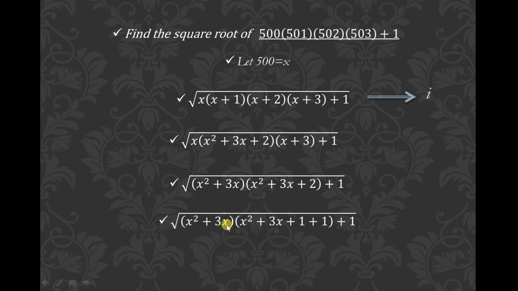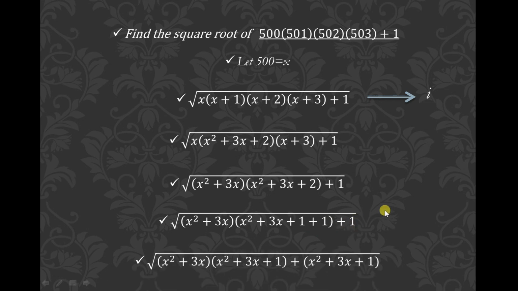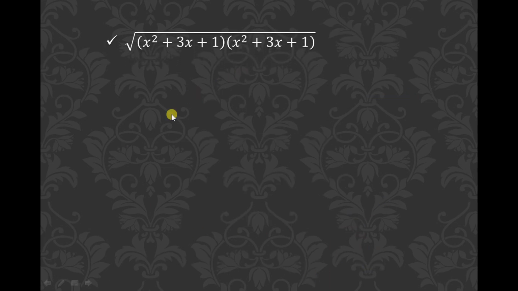We will have x square plus 3x, and once I add this plus 1, my whole expression will be something like this: x square plus 3x, x square plus 3x plus 1, plus, now this x square plus 3x is multiplying this 1, so it is x square plus 3x, but this 1 is extra, so that 1 we have added here. We can see here, I can take common x square plus 3x plus 1, and it will be x square plus 3x plus 1.